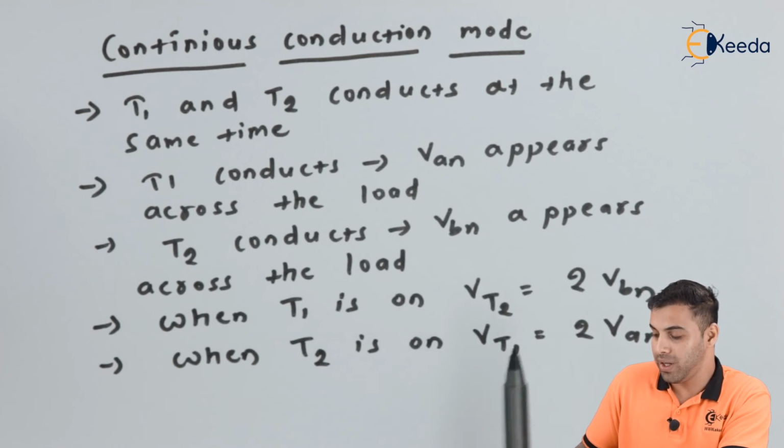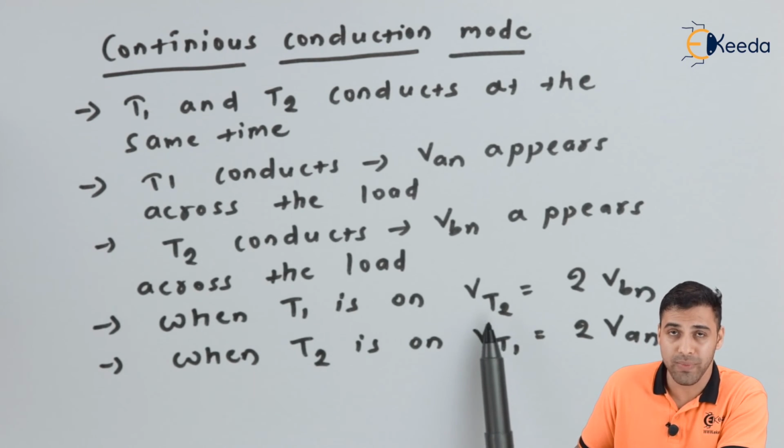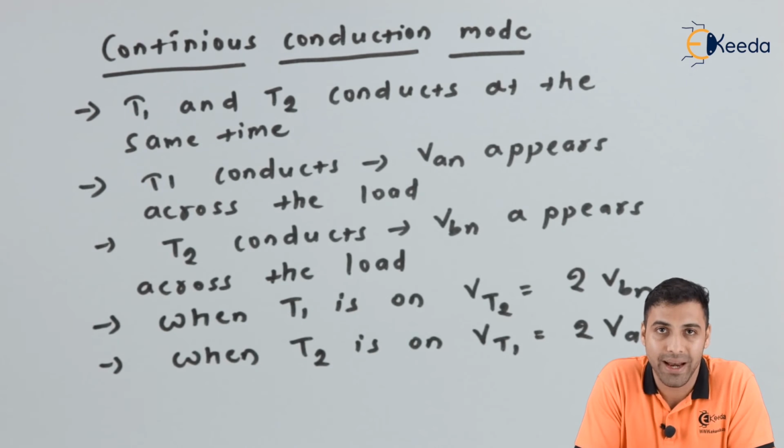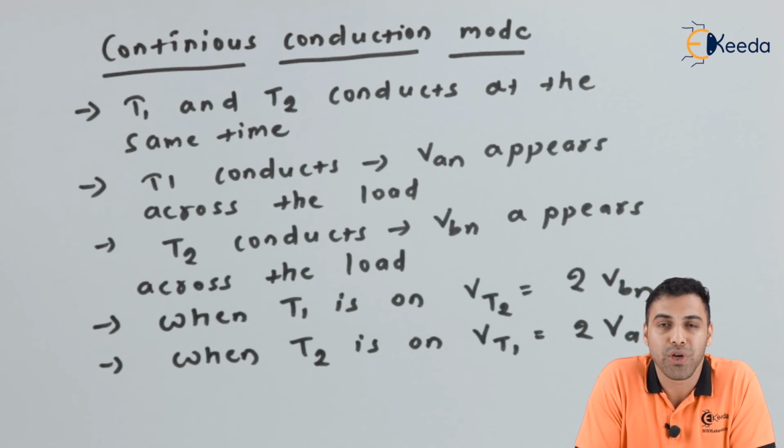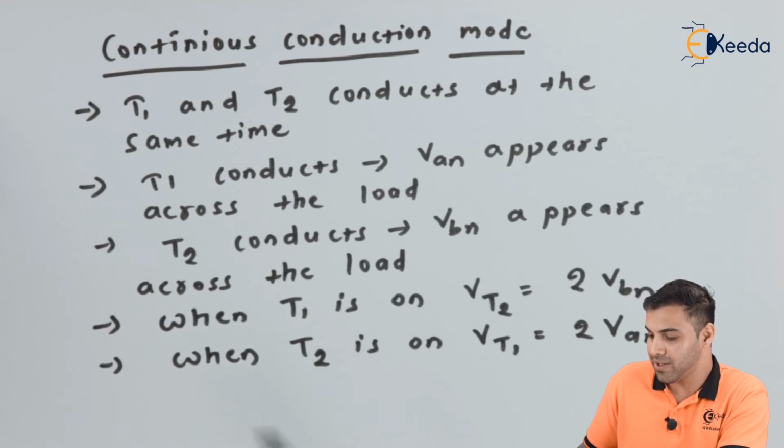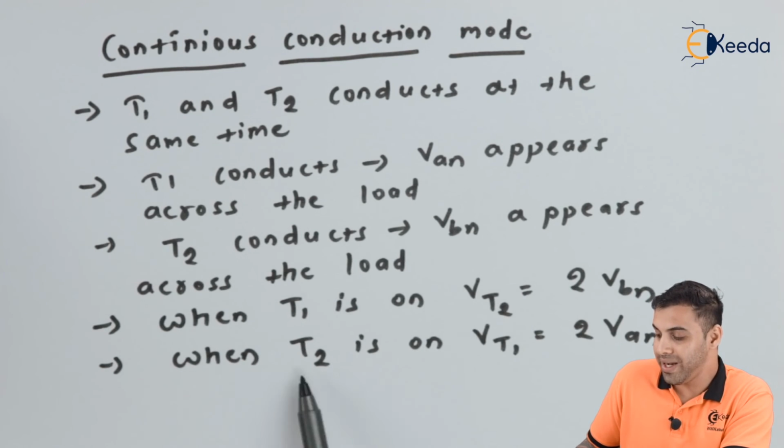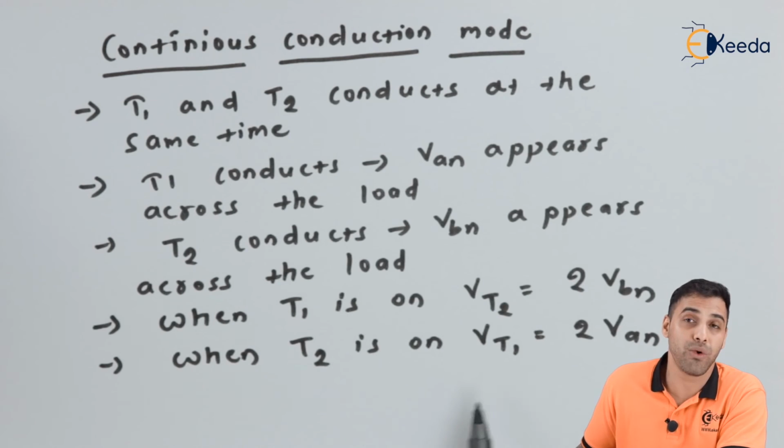When T1 is on, VT2 will be equal to twice VBN, and when T2 is on, VT1 will be equal to twice VAN.